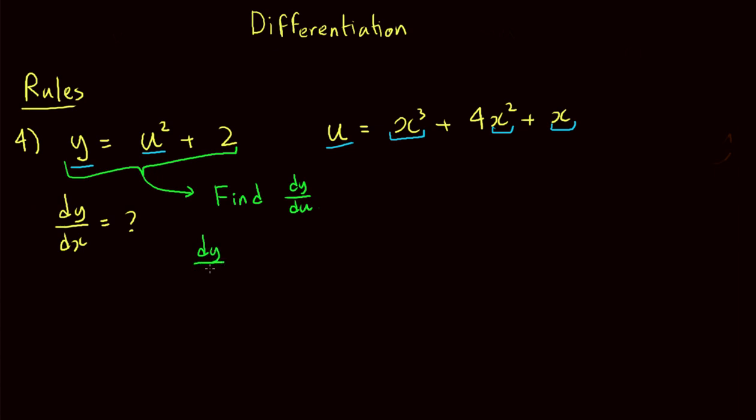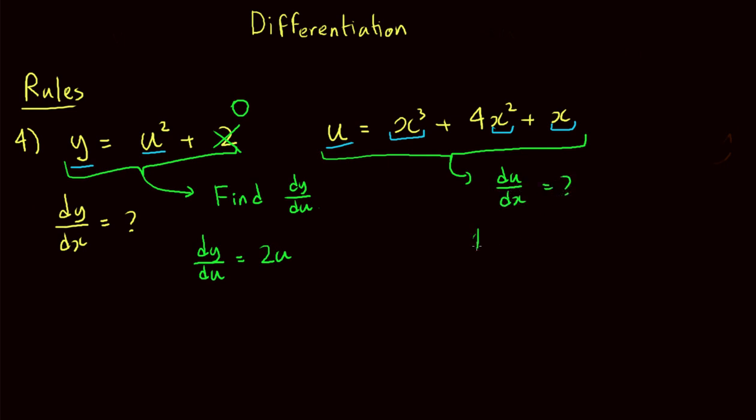So if we take the derivative of y with respect to u, it's just 2u, because the 2 will be cancelled off, it'll be 0. And the next thing we're going to do is to find du/dx.